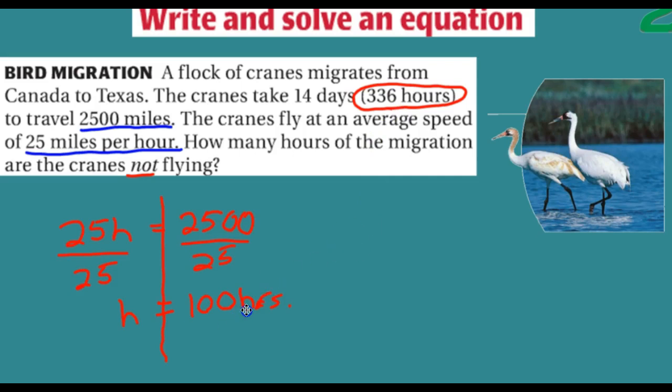So because we have hours here, we're going to use this measurement. So it says it takes them total 336 hours. That's our total. We know flying, it takes them 100 hours.